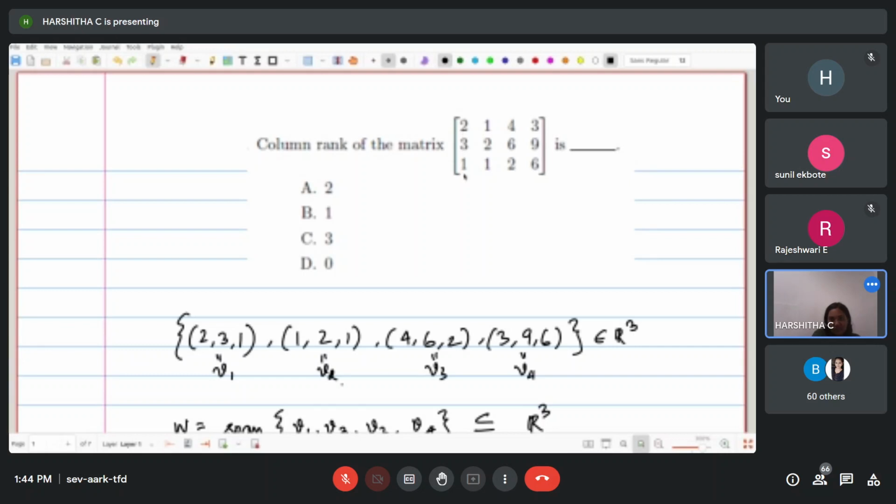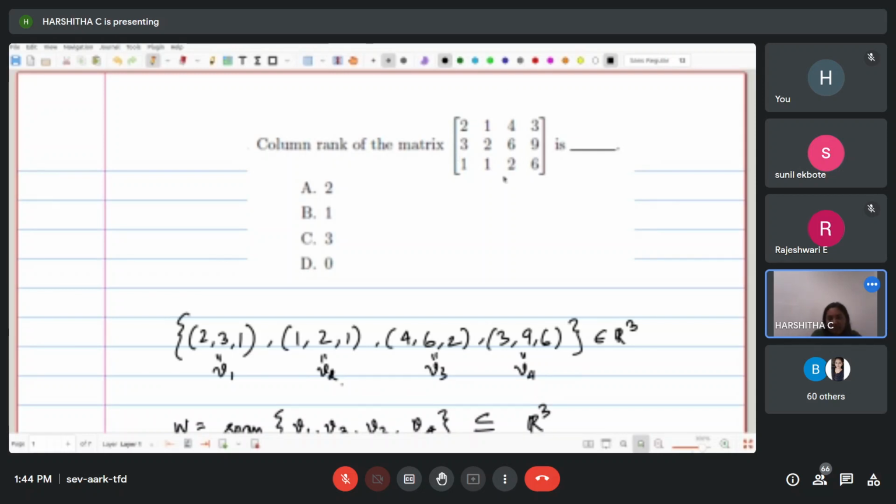So then you'll have to calculate a lot of determinants. You take all the possible 3 cross 3 matrices, of which there are 4 possibilities. And if you get all 4 of their determinants as 0, then you take all possible 2 cross 2 matrices, which will be a large number of possibilities. So that will probably be a more tedious task.